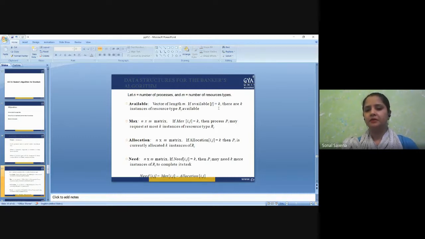If available j is equal to k, there are k instances of resource type rj. Max is an n by m matrix. If max ij is equal to k, then the process pi may request at most k instances of resource type rj. And next is allocation, an n by m matrix. If allocation ij is equal to k, then pi is currently allocated k instances of rj. So quickly we are going to see the next part.